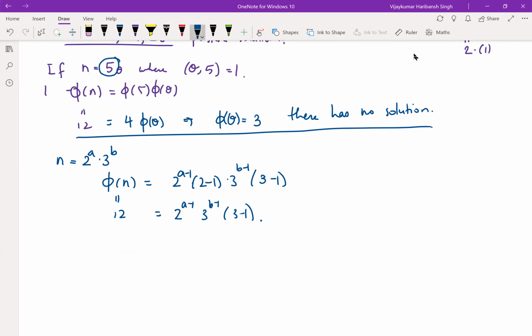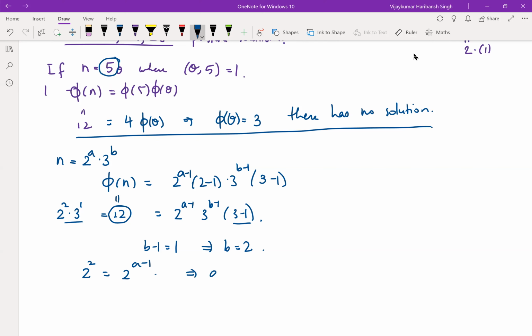Now here, you notice that 3 divides this. So let's write down the factorization of 12: 2 to the power 2, 3 to the power 1. So this clearly means that b minus 1 is 1. That means b equals 2. In that case, if you cancel that off, you will get 2 to the power 2. So you cancel these off from both sides. You get 2 equals 2 to the power a minus 1.